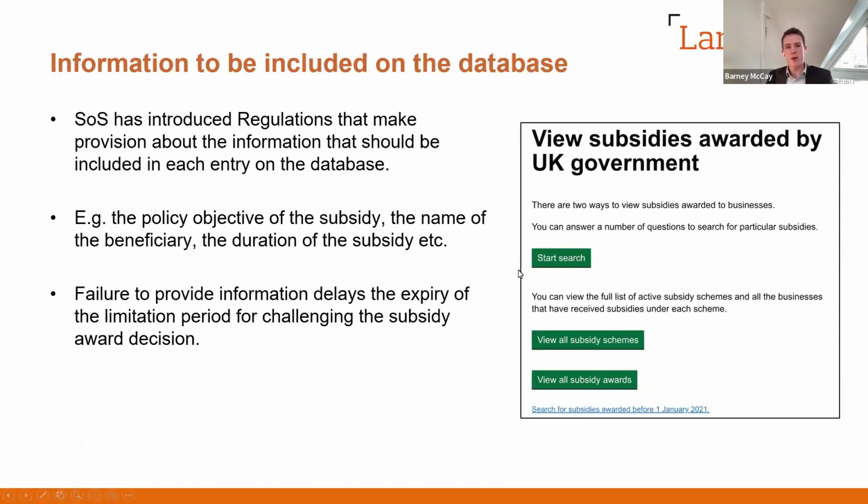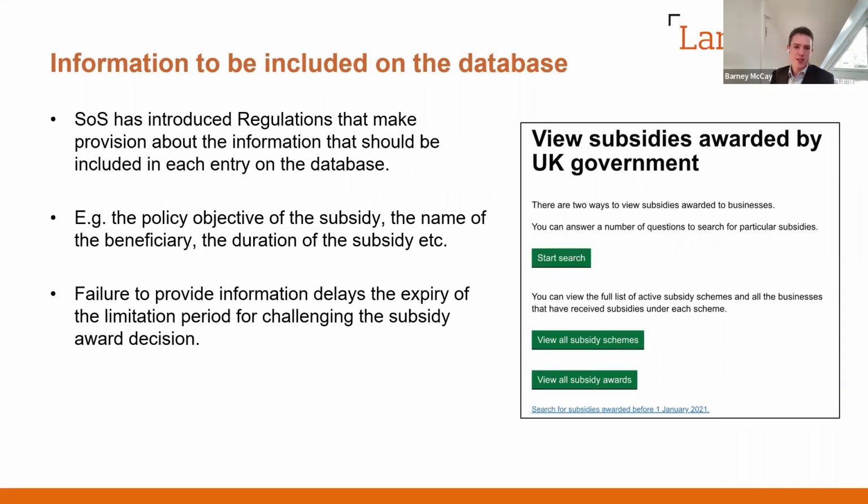So what kind of information needs to be included on the database? Well, the government has introduced regulations that set out what information needs to be included, and these are the Subsidy Database Information Requirements Regulations 2022.